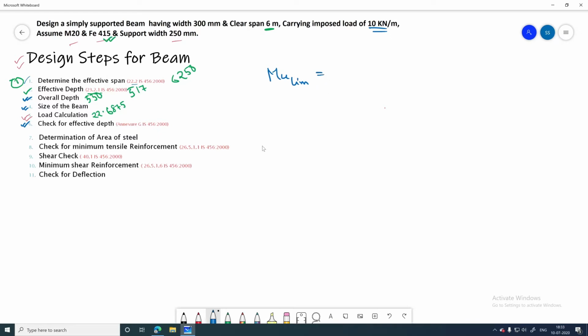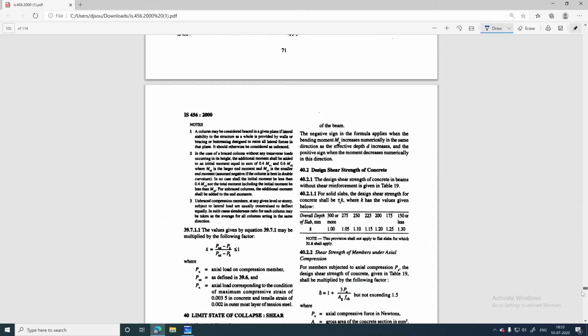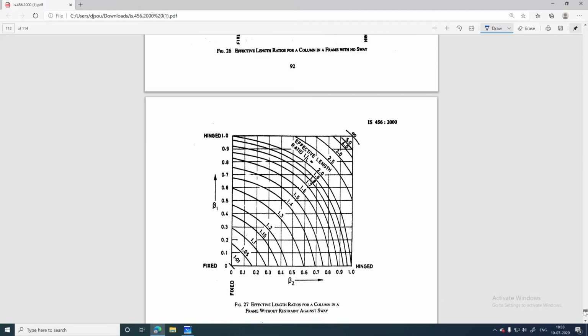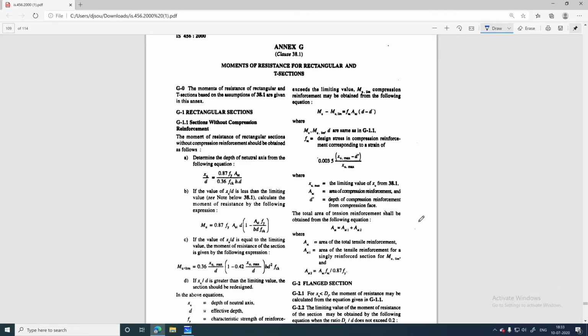So I am showing that, if you go to Annexure G, here it is. This is the Mu limit. Here you can see the formula 0.36 xu max by d in bracket 1 minus 0.42 xu max by d, into b d square fck. You just need to write that formula over here, okay.